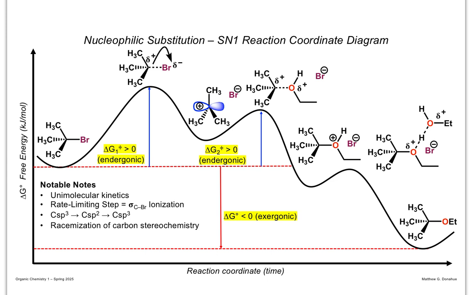So let's look at this last bullet point here. See how it says racemization? So what exactly does that mean? Imagine these three groups here, these three methyl groups. If they were all different, that carbon would be stereogenic. We could assign it R or S. When the leaving group ionizes and we get to the carbocation, those three groups are all in a plane.